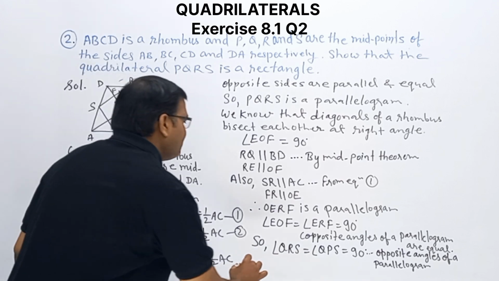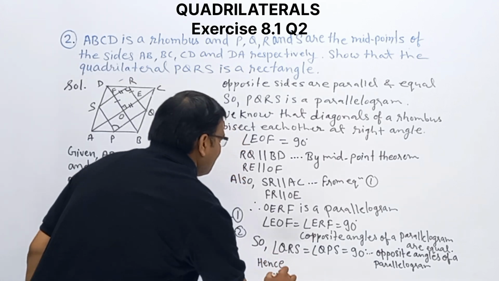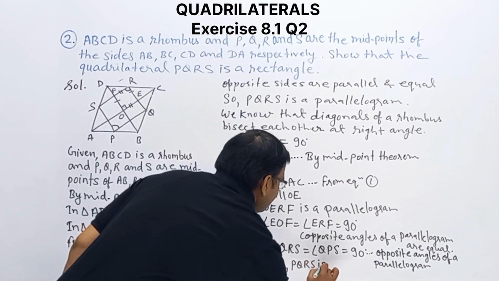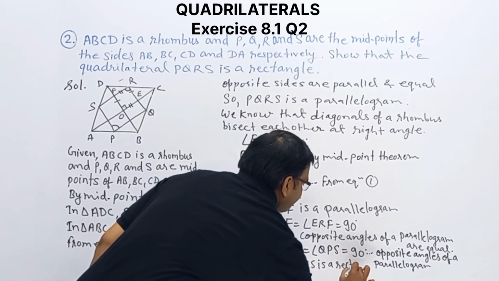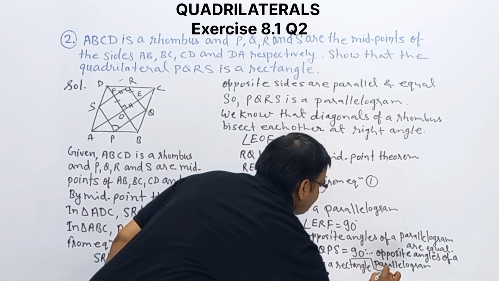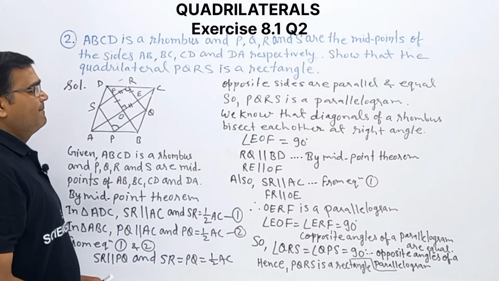So hence PQRS is a rectangle. Hence PQRS is a rectangle. We proved this thing. Hence proved.